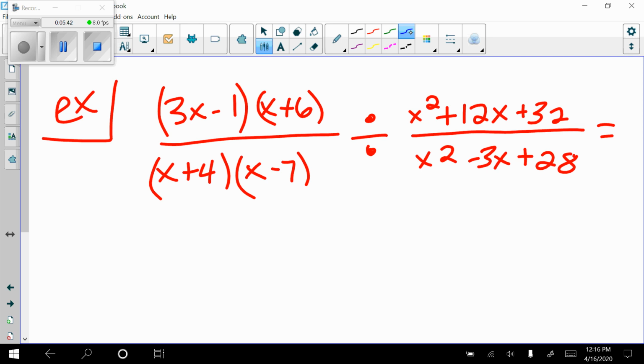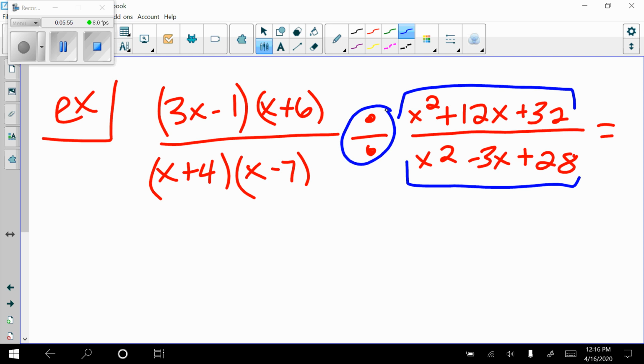So there's actually two ways you could start this. You could start off with factoring these because they are quadratics, so you could factor them first, then do the division with keep, change, flip, or you can keep, change, flip it first, that way that's out of the way, and then factor. That's what I prefer to do.